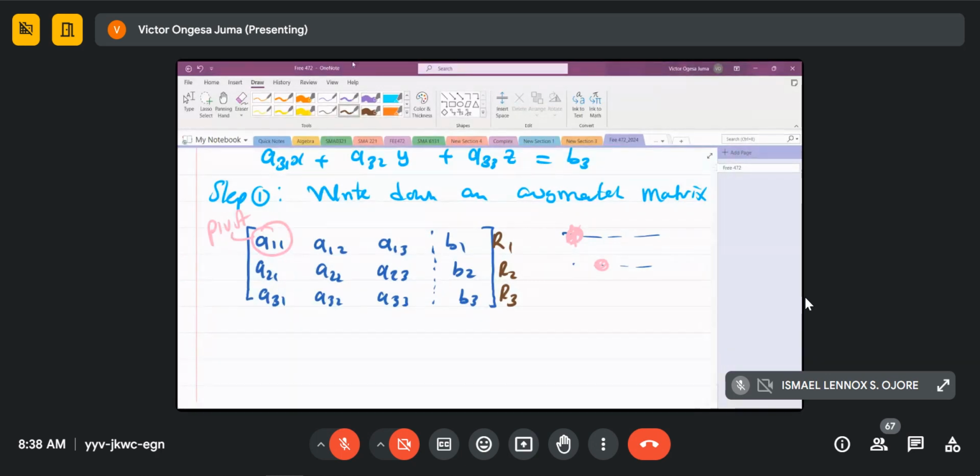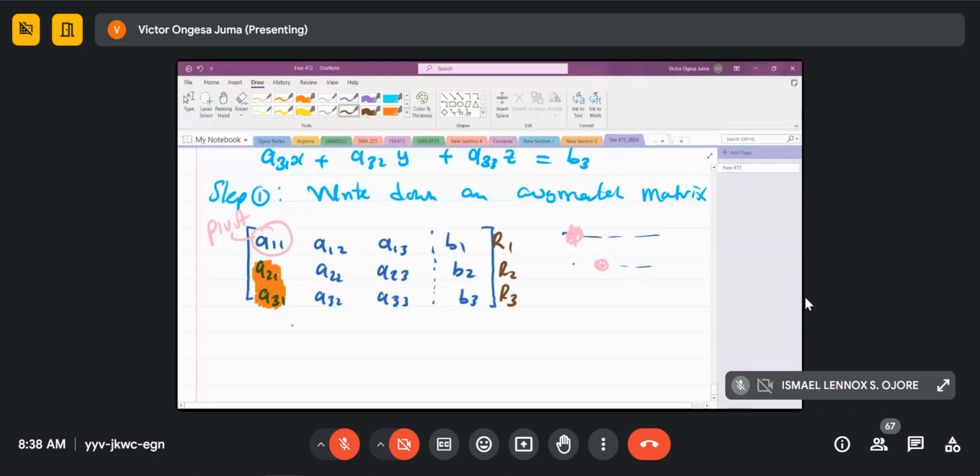By reducing this into echelon form, what does it mean? It means that you have to make these two to be 0. I have to eliminate these guys here, such that any row below that one goes to 0. And we do that by identifying what are called the multipliers.